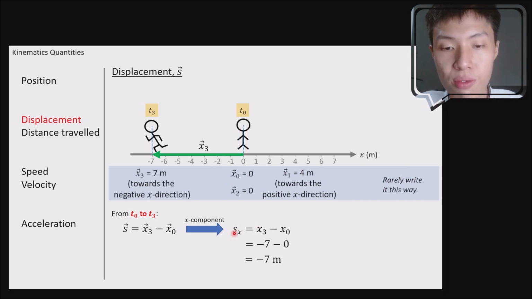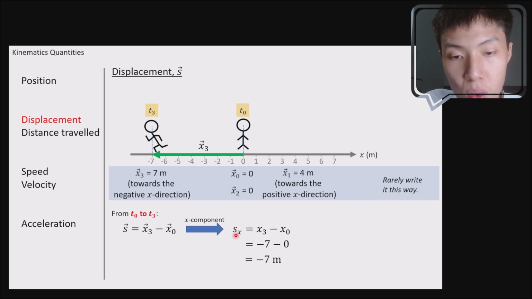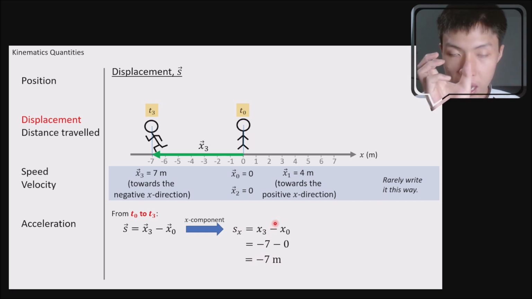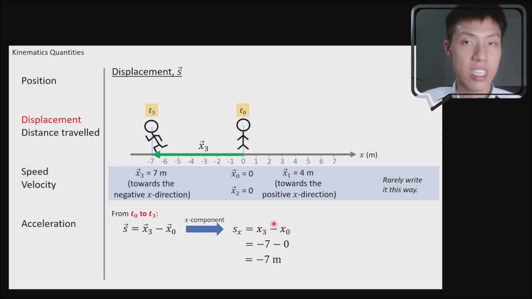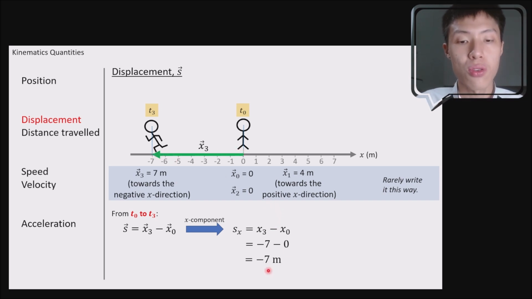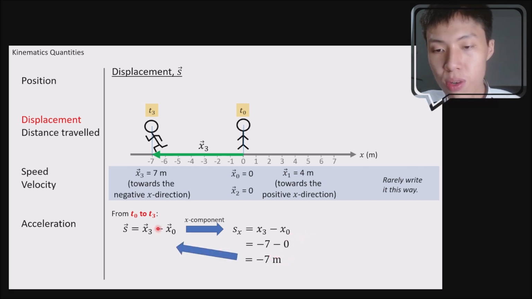So your answer for Sx here is negative 7 meters. Just by seeing the value of Sx, if you see Sx to be negative, you know this x component of displacement is in the negative x direction. And in our case, the negative x direction is to the left. So from seeing negative 7 meters, you know this is 7 meters to the left. Okay, so now let's bring it back here.